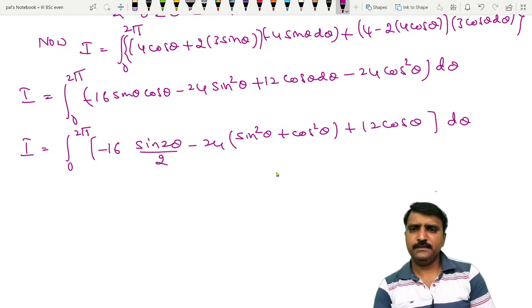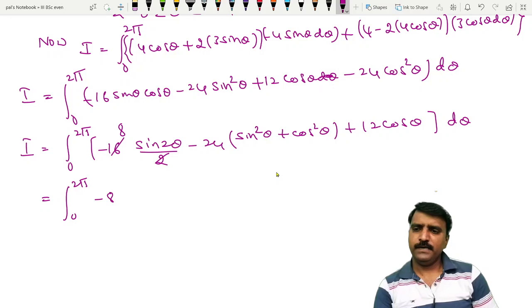Now you simplify this. 2 ones are 2, 8s are 8, which is equal to the integration from 0 to 2 pi of minus 8 sin 2 theta. Sin square theta plus cos square theta is 1, so it is minus 24 plus 12 cos theta d theta.